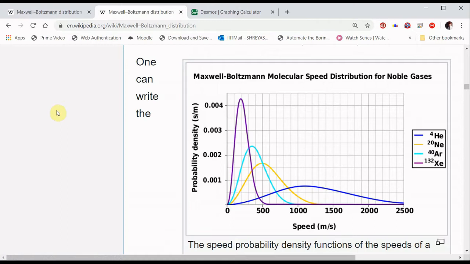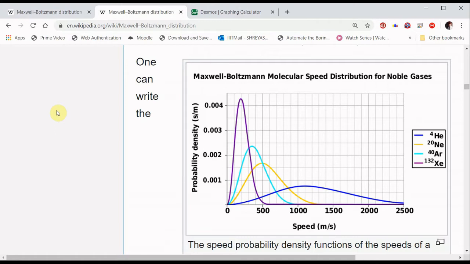So that is the importance of this curve, and it's a really important curve, because if you've seen my other video about the molecular dynamics simulation, then you would know that at some point we had to initialize the velocities of the argon particles. And how would you initialize those velocities?